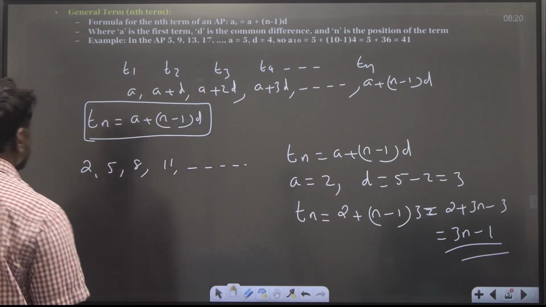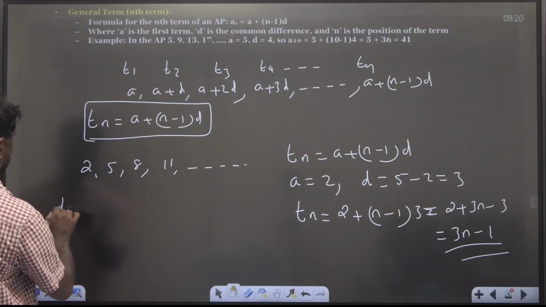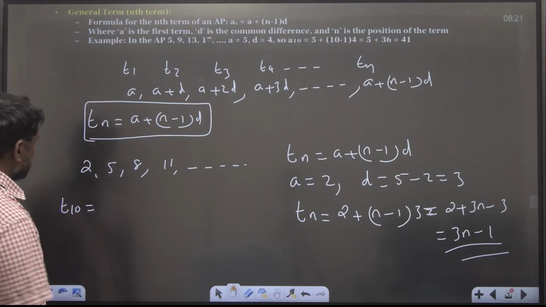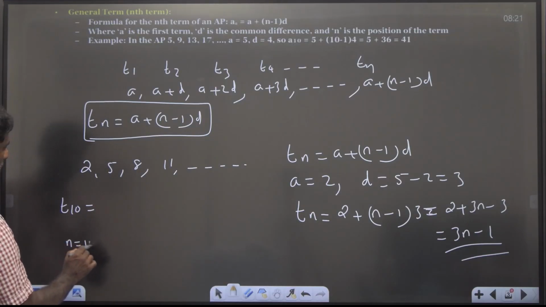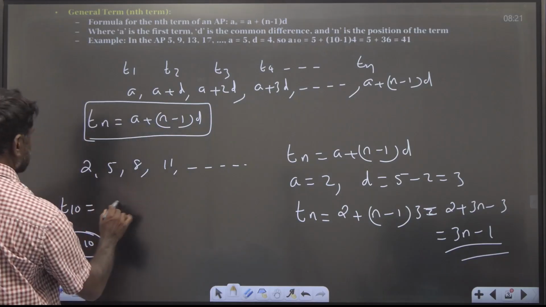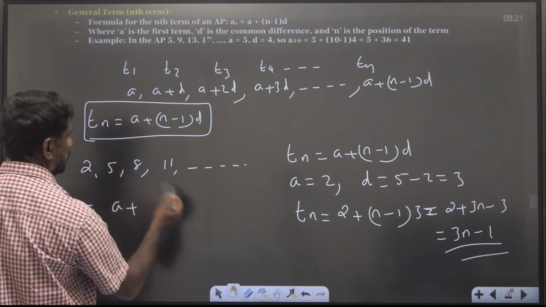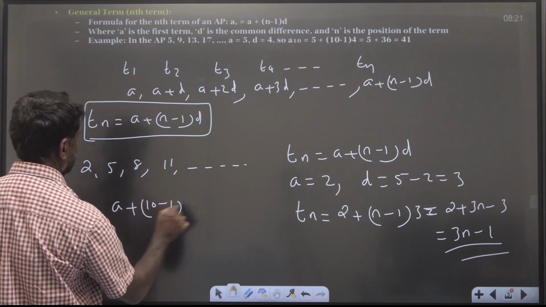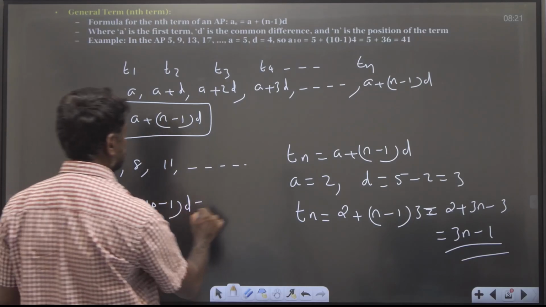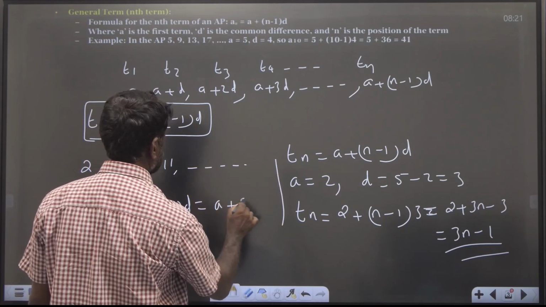Suppose we have to find the 10th term. What will be the 10th term? Here n is equal to 10. Apply this formula: a plus 10 minus 1 into d, that is a plus 9d.